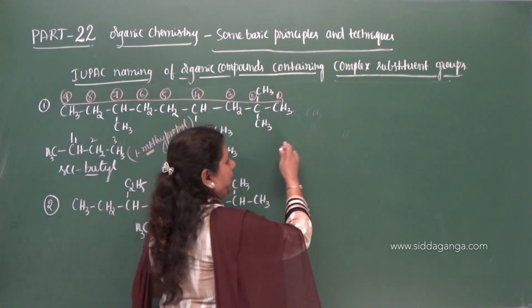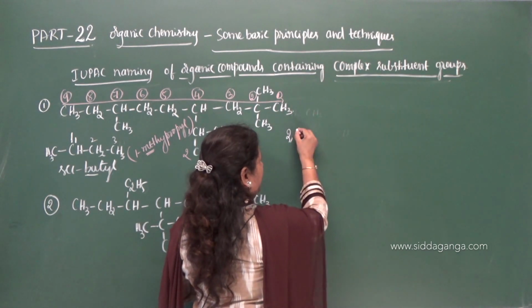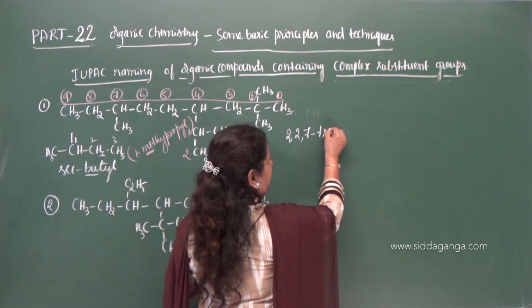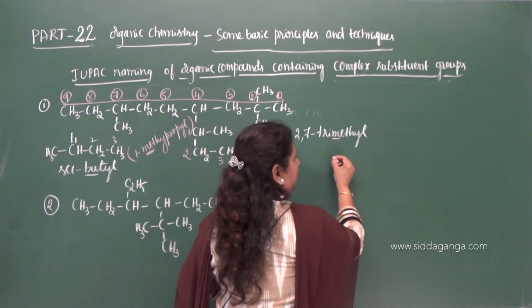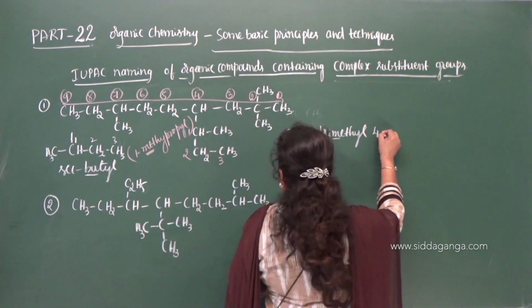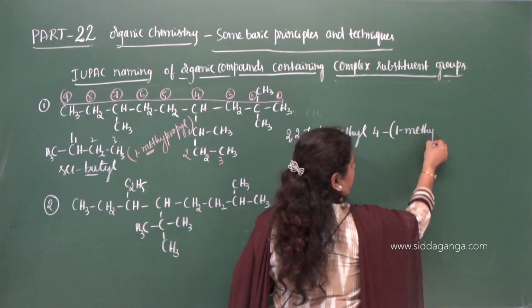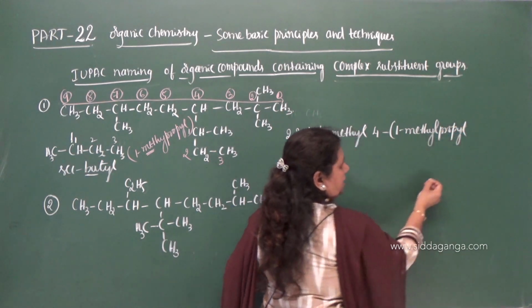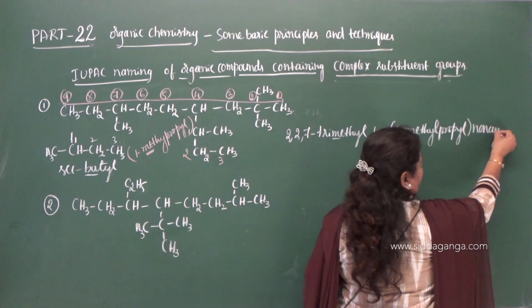First I will give the IUPAC name. So 2, 2, 7 trimethyl, and on the fourth carbon we have 1-methyl propyl, 1-methyl propyl, no name.